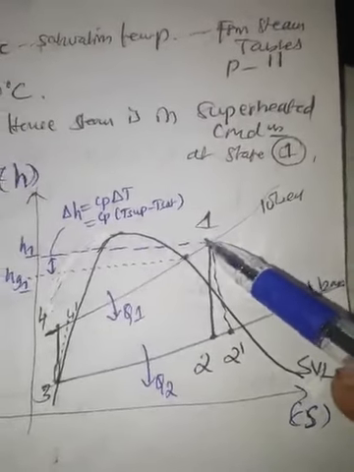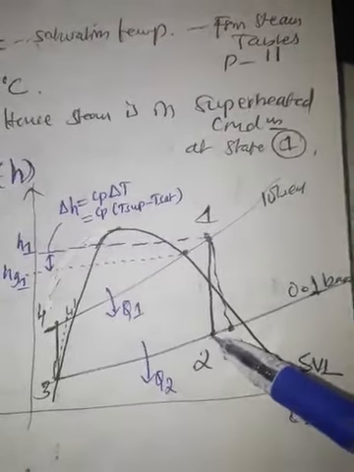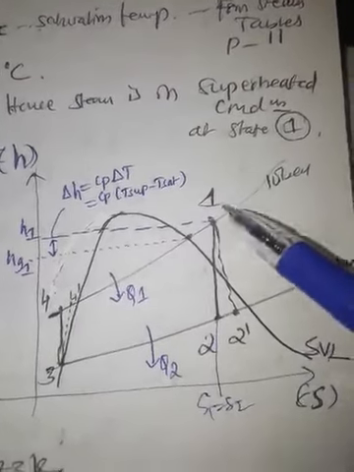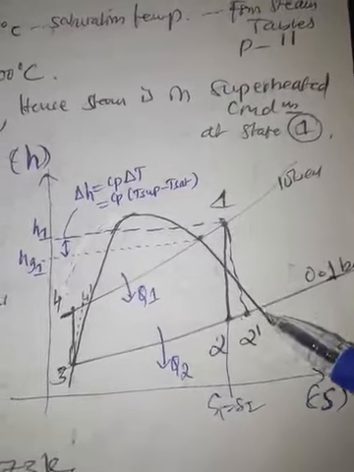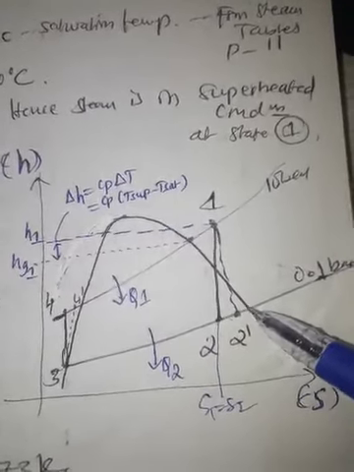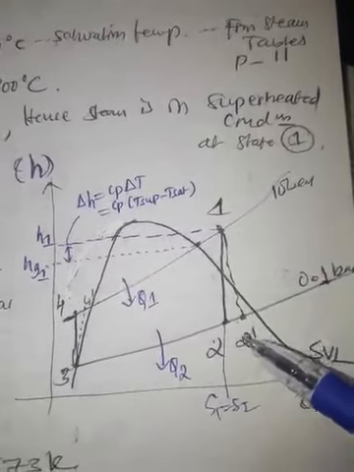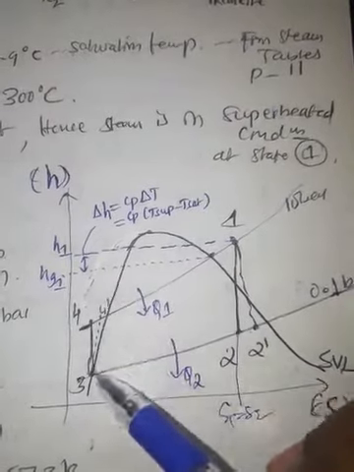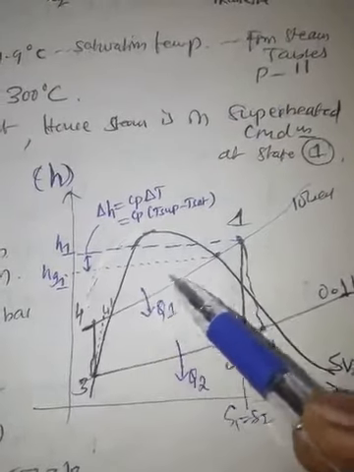State 1 to 2, that is the isentropic process, S1 is equal to S2, is marked here. 1 to 2 dash it deviates because of losses happening in the turbine. Then 2 dash to 3 is the condensation process, 3 to 4 dash is the actual pumping process, 4 to 1.